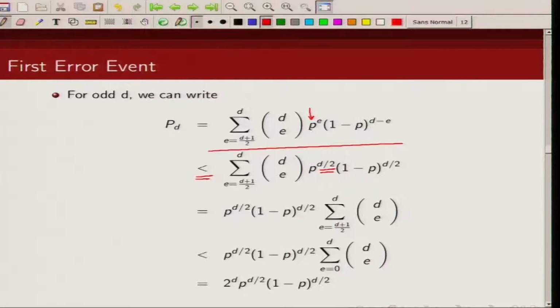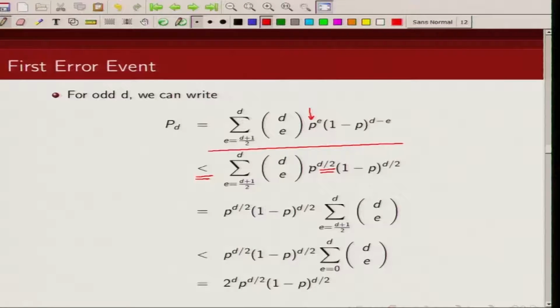The actual expression would have p raised to the power (d+1)/2, then (d+3)/2, and so on, and this number keeps decreasing because you are raising it to a higher value. Instead of varying it, I keep it fixed at d by 2. That is the first upper bound.